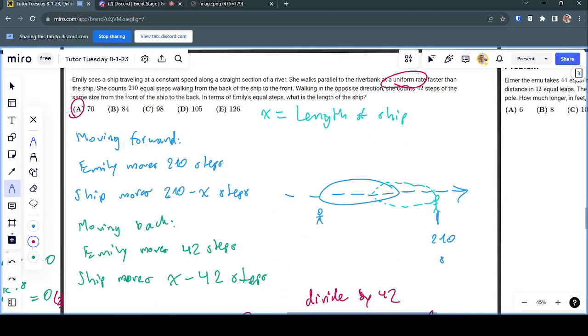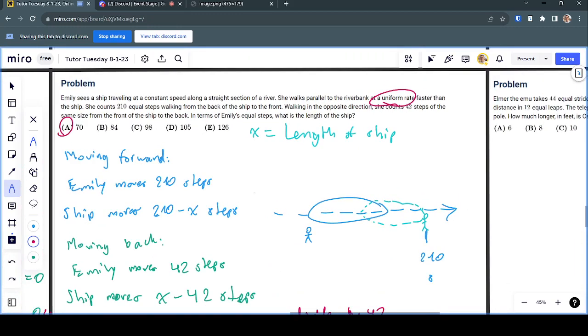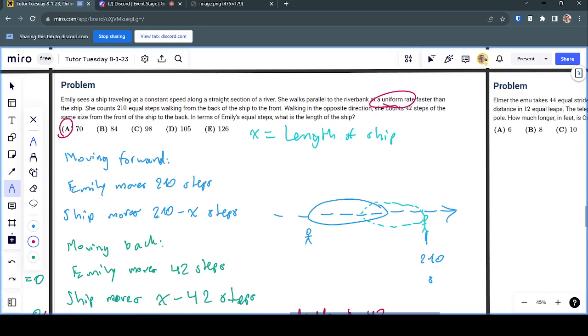All I did was count the number of steps they're traveling to get the ratio of how fast they're traveling. It tells you here that moving forwards, Emily moves 210 steps walking from the back of the ship to the front. In that same time, the ship did not move 210 steps, right?